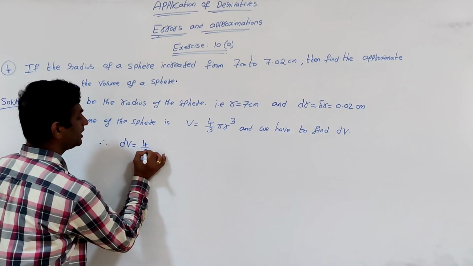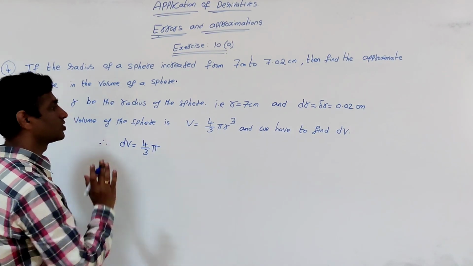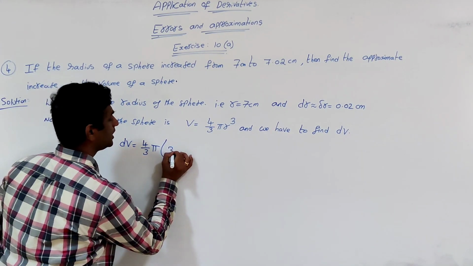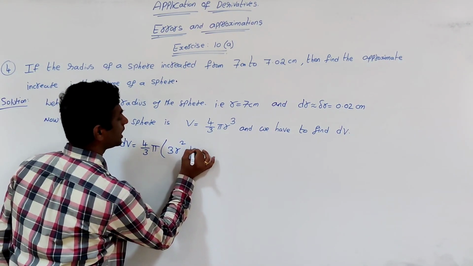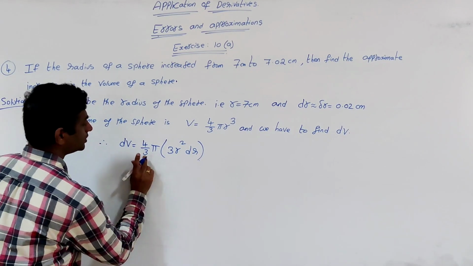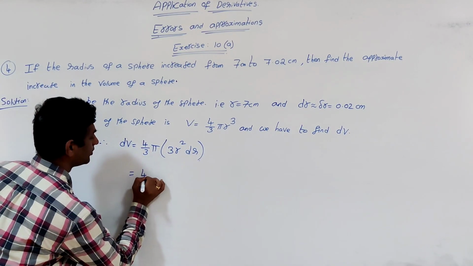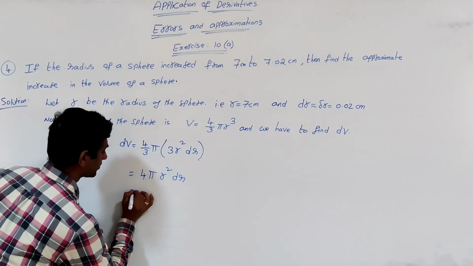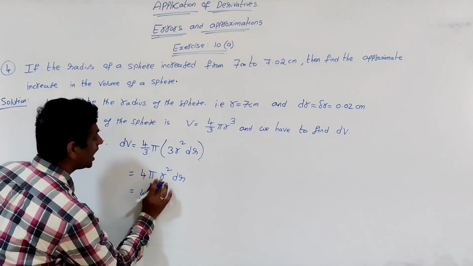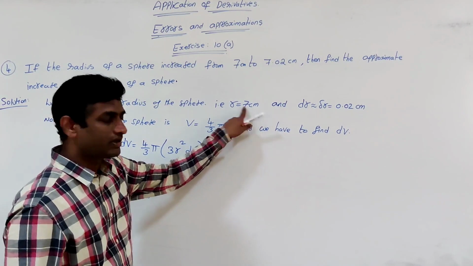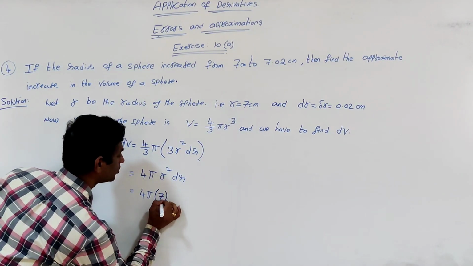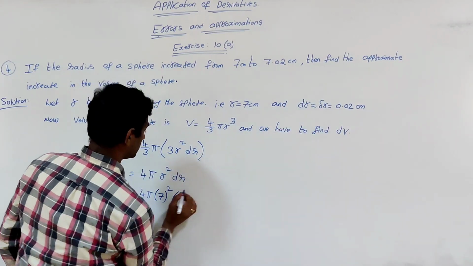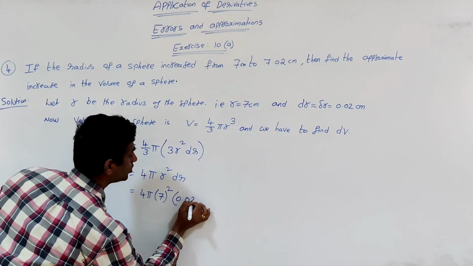So 4 by 3 pi is constant. Derivative of r cube is 3r square into dr. So 3 gets cancelled. 4 pi r square into dr. What is the radius? 7. So 7 whole square into dr. The change in the radius is 0.02 centimeters.